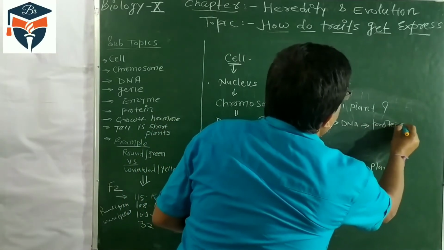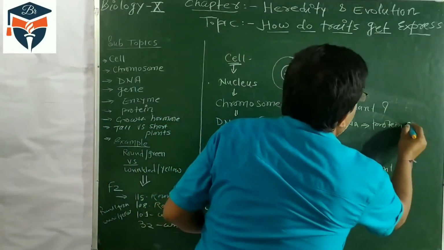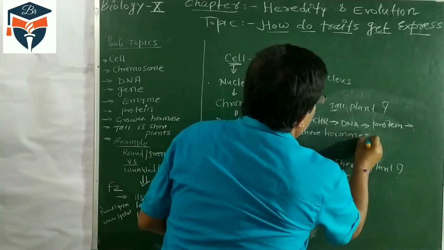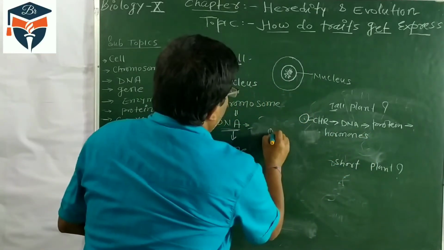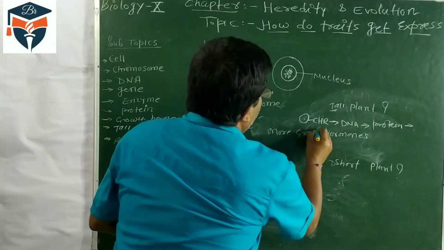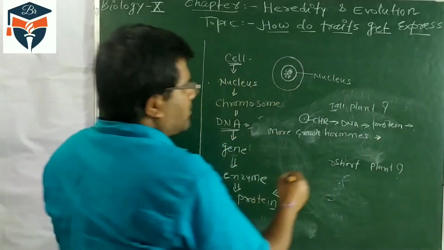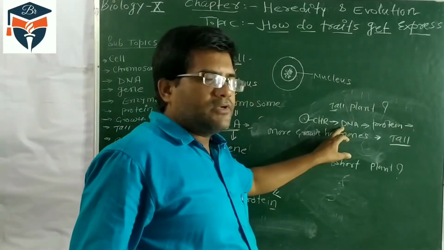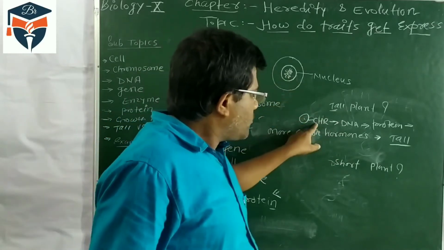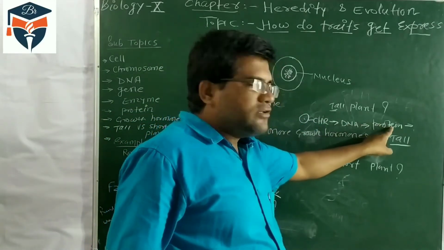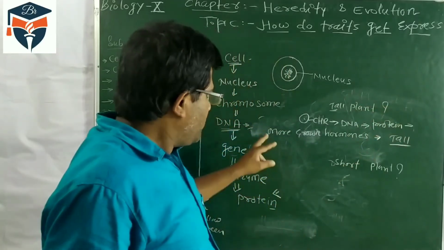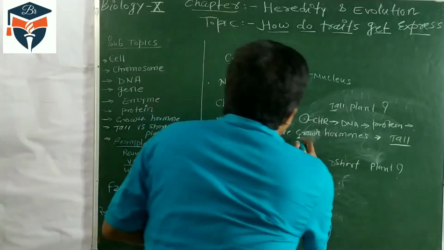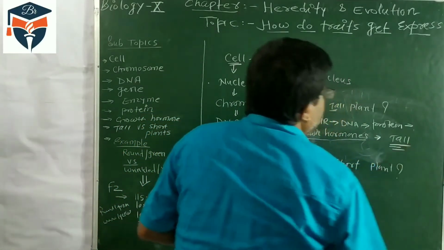Due to the protein, more hormones, more growth hormones, are formed, and due to the growth hormones the plant is tall. So why is the plant tall? Due to the genes present on DNA. Because in the cell there are chromosomes, DNA, and DNA synthesizes more proteins, and these proteins are growth hormones, so the plant is tall.